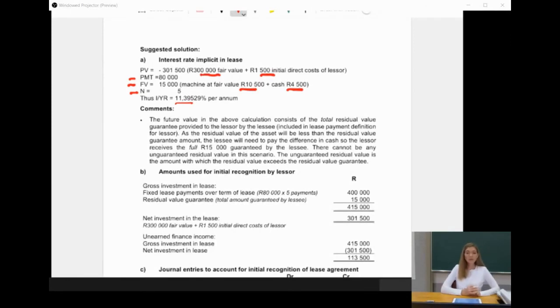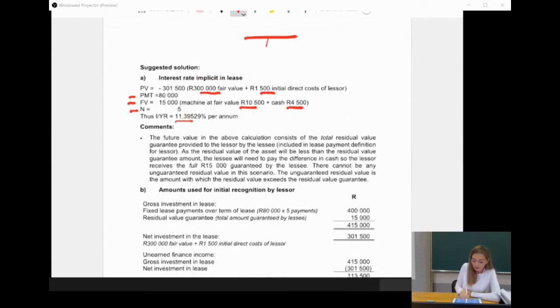Okay, so now we've got that, and now we have to do our initial recognition for this lease. So remember what we do. We've got our two T accounts. The one is our gross investment in the lease, and the other one is our unearned finance income.